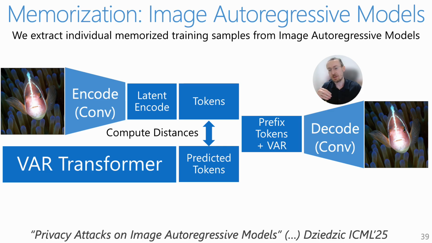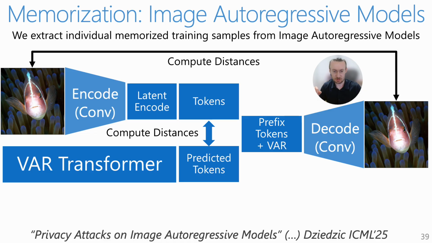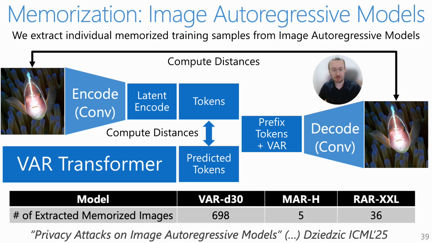And here, after generation, we decode this representation to the final pixel space images. Then we compute distances between the generated images and the ground truth images, and what we find is that in many of these image autoregressive models we can extract hundreds of memorized samples.